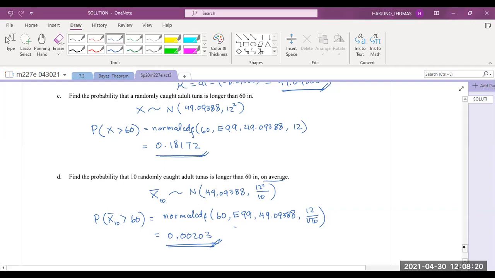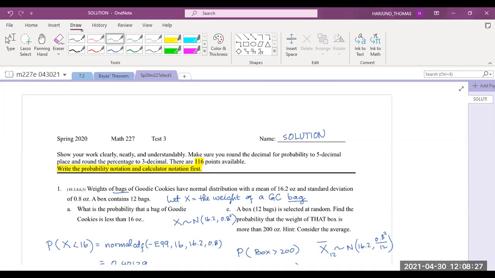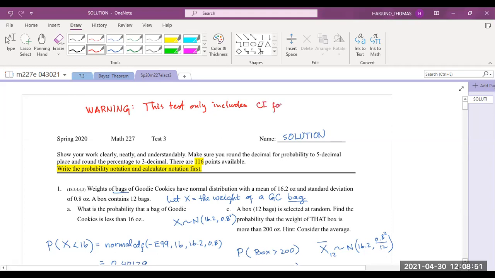Okay, now this is Spring 20 Math 227 Test 3. Big warning. This test only includes a confidence interval for mu with sigma known.